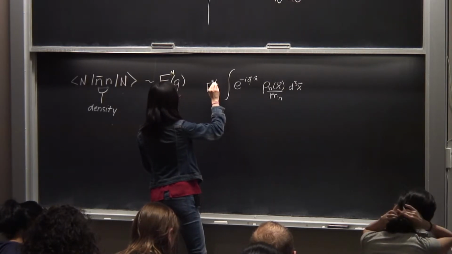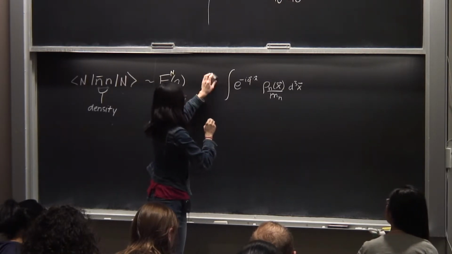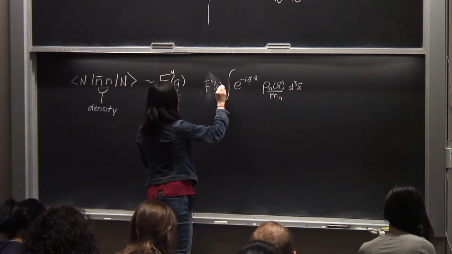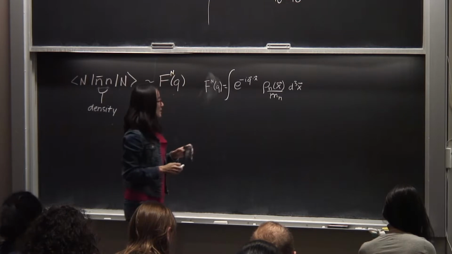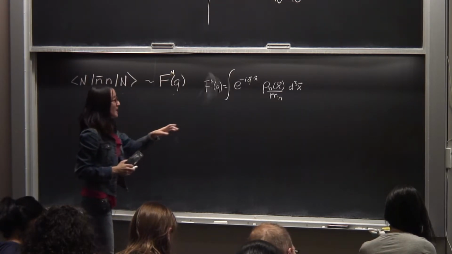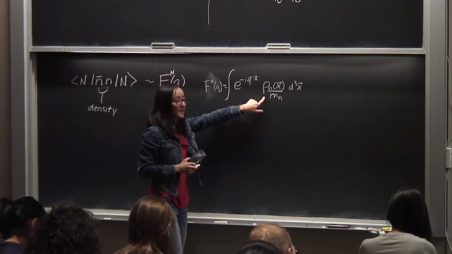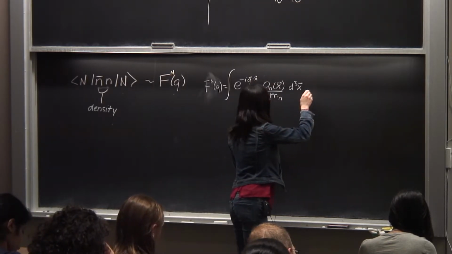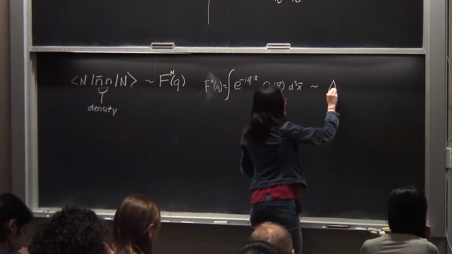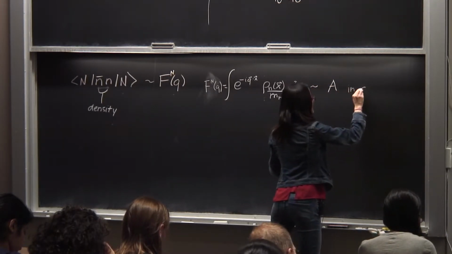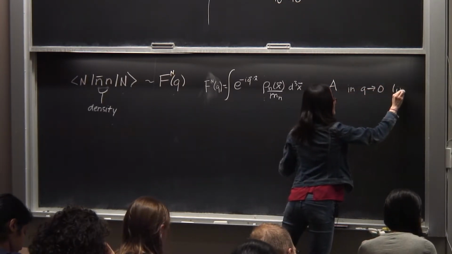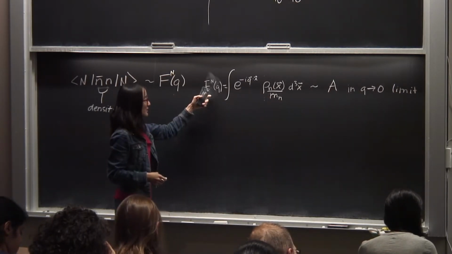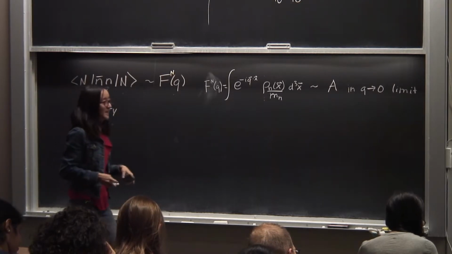Something like this. So in the zero momentum limit, we're just summing up all the nucleons inside the nucleus, and we get A. And so that's where our coherence will come from, because we'll square this matrix element and get A squared.